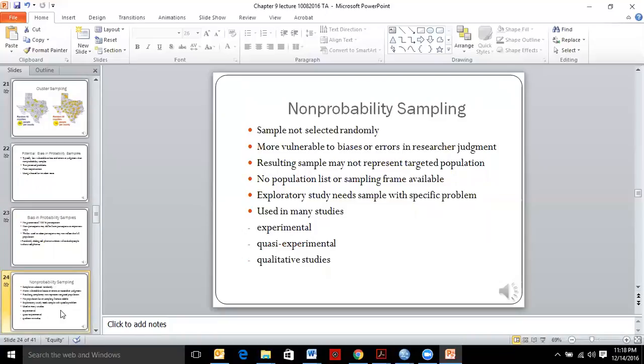Resulting samples may not represent the targeted population. No population list or sampling frame is available. Exploratory studies need samples with specific problems, and it's used in many studies, like experimental, quasi-experimental, and qualitative studies.